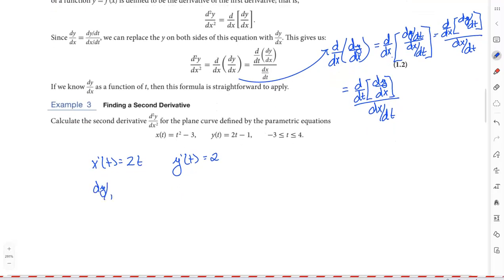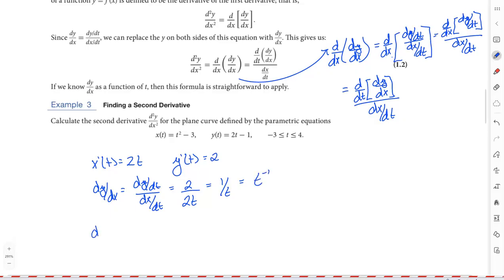So dy over dx is dy over dt over dx over dt. dy over dt is 2, dx over dt is 2t. So that reduces to 1 over t, or we can think about that as t to the negative 1.